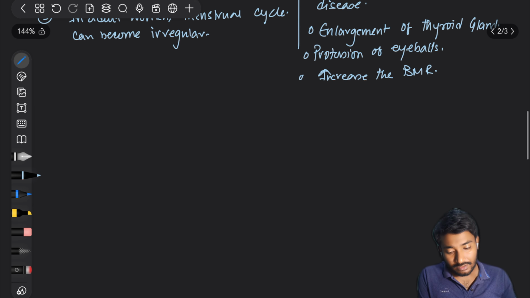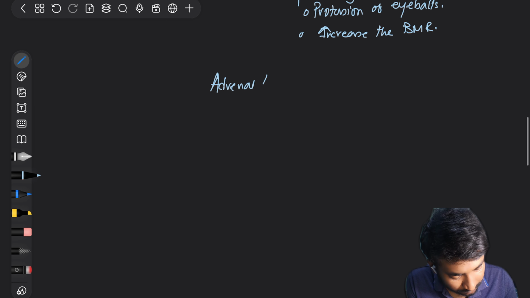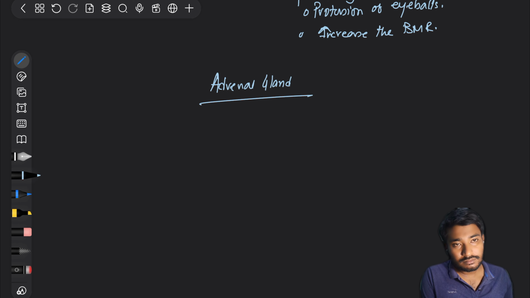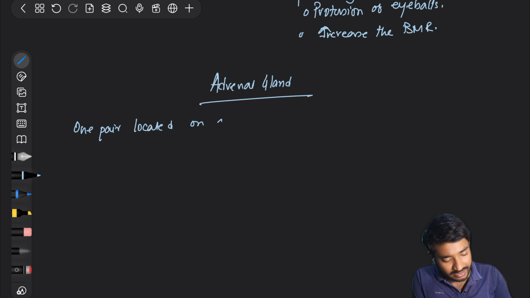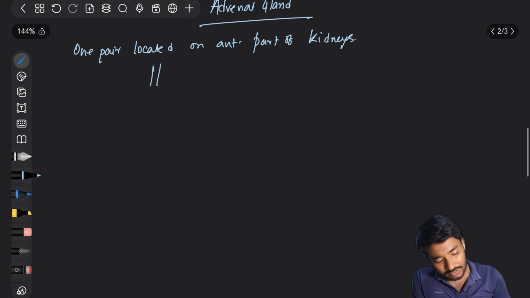Okay, next we come to the adrenal gland. One pair is located on the anterior part of the kidneys. The question will come from this part.